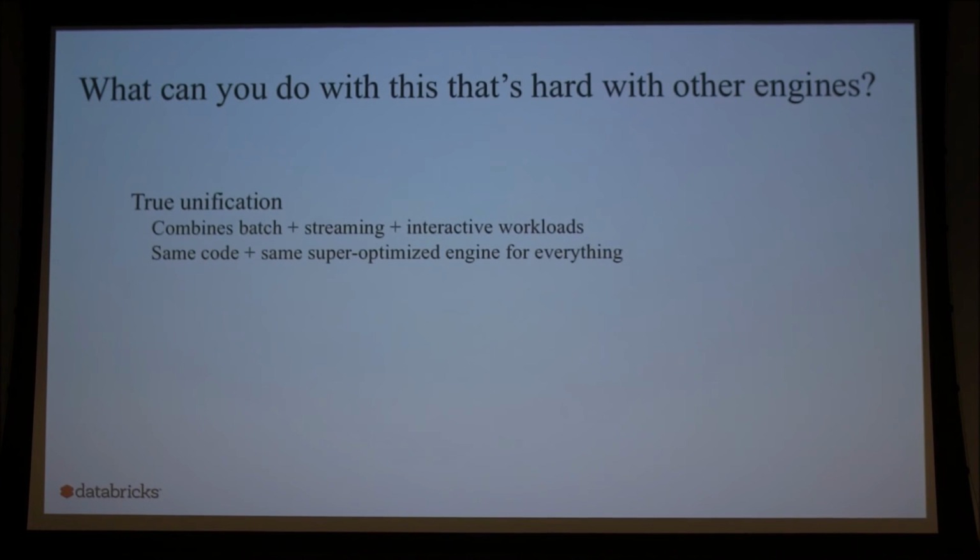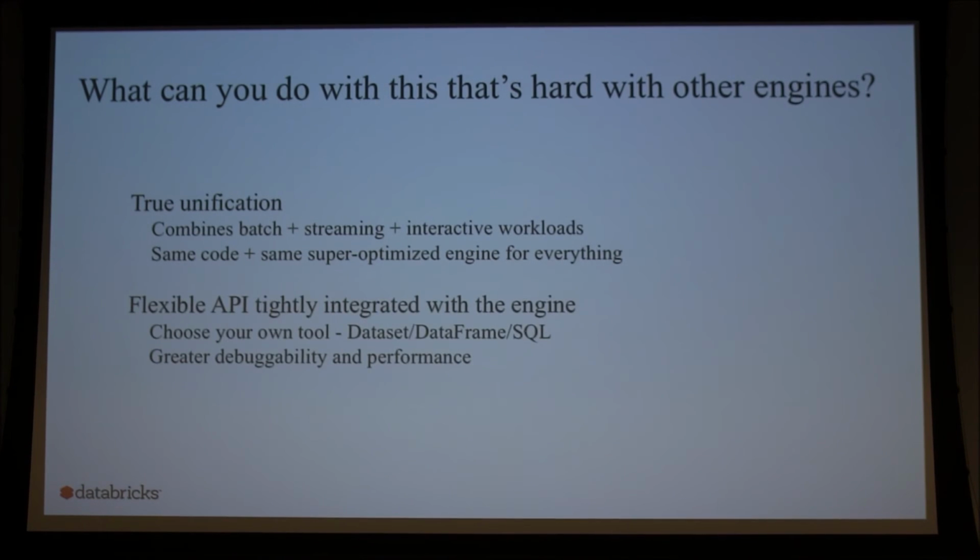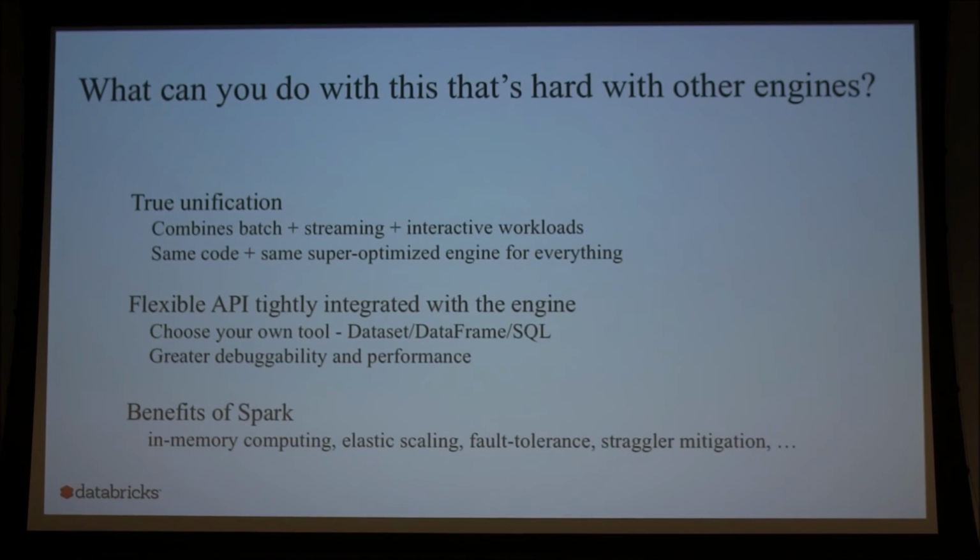So of course, we really believe that structured streaming combines kind of the best of all worlds. Like I said earlier, you'll see that I can take the same code, a machine learning library that I apply to batch data coming in, and I can apply it to streaming data coming in with very little changes other than sourcing the stream. The API is more flexible and more integrated with the engine because, like I said, the underlying data structure is still an RDD.